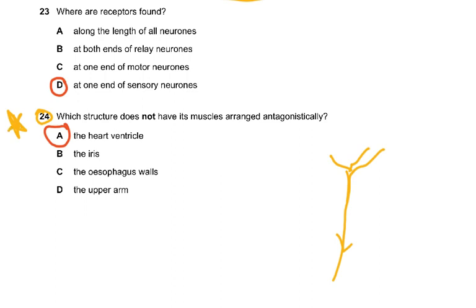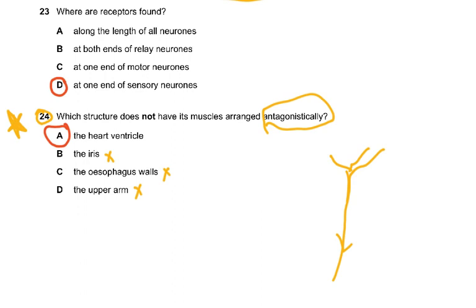The structure which does not have muscles arranged antagonistically: the iris has circular and radial muscles. The esophagus has circular and radial. The upper arm has biceps and triceps, so they are antagonistic muscles. But the heart ventricle doesn't have antagonistic muscles.